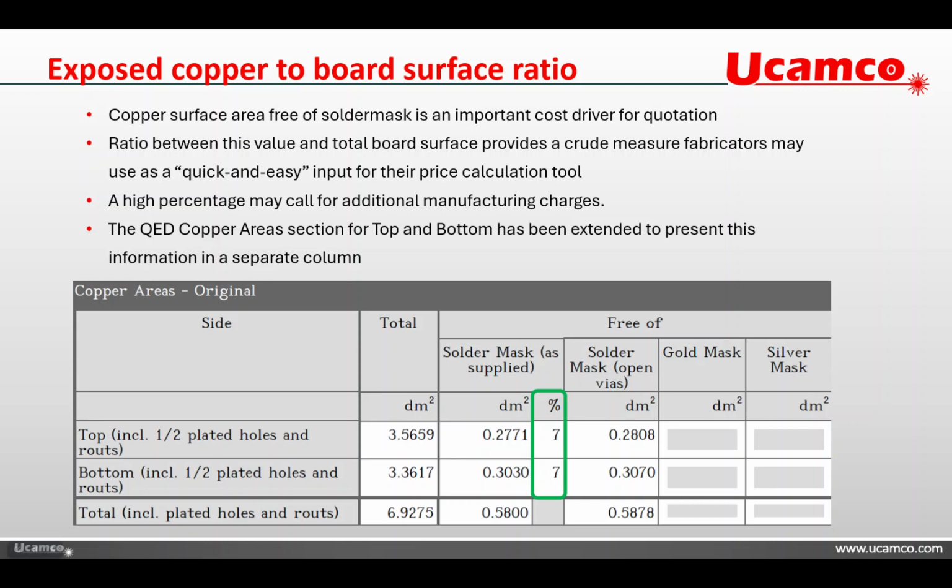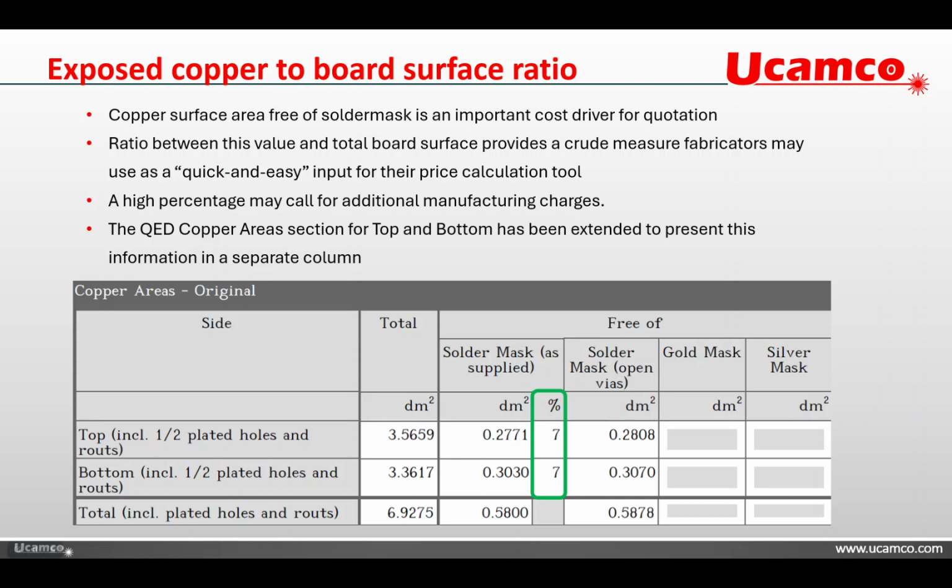Third item I want to expand a little bit upon is the exposed copper to board surface ratio. We all know that the exposed copper, so that is the copper that is free of solder mask, the copper that you basically see after the solder mask has been applied.